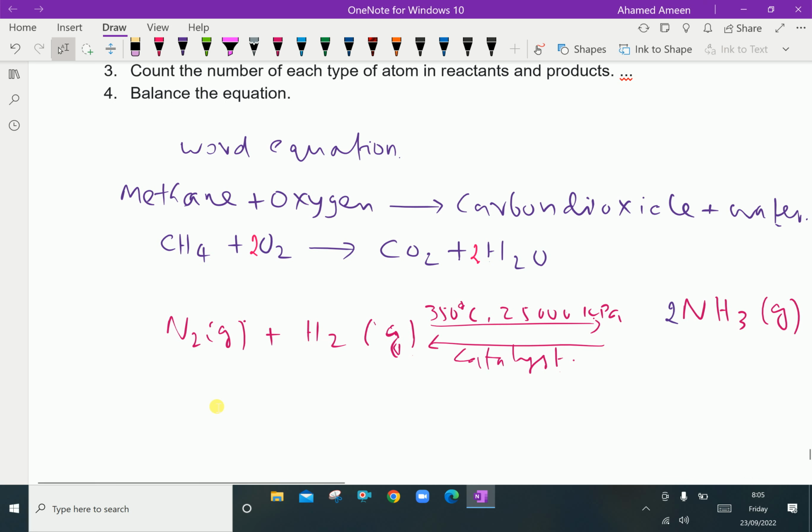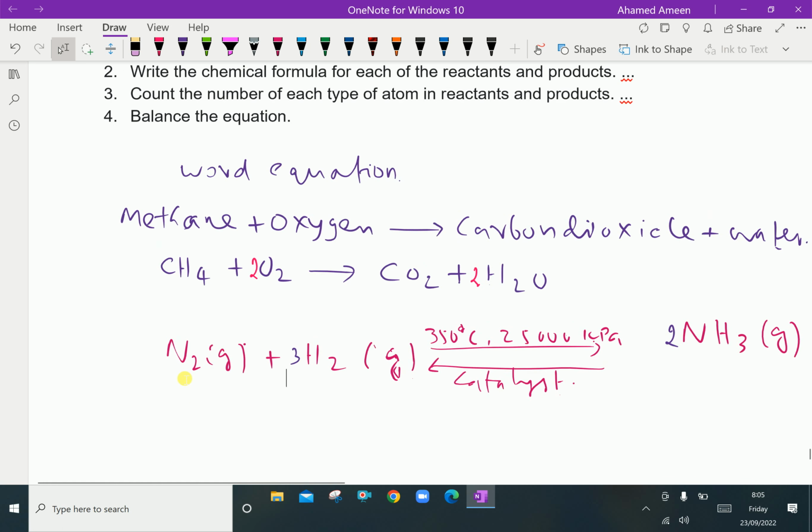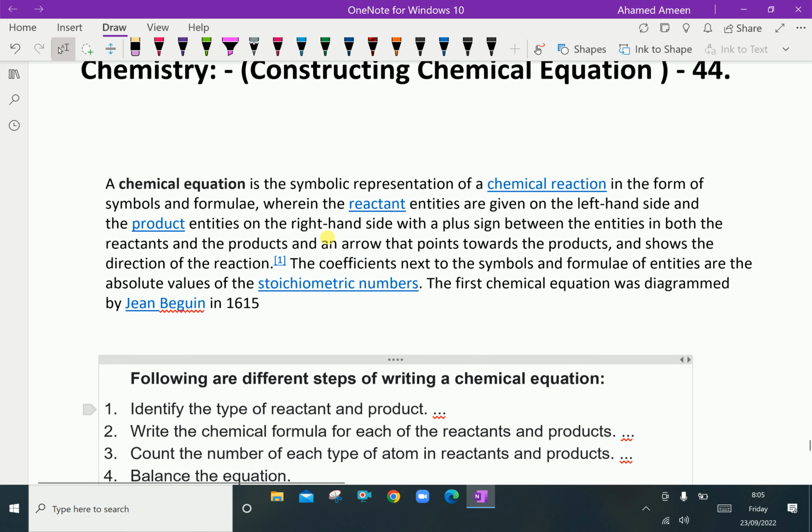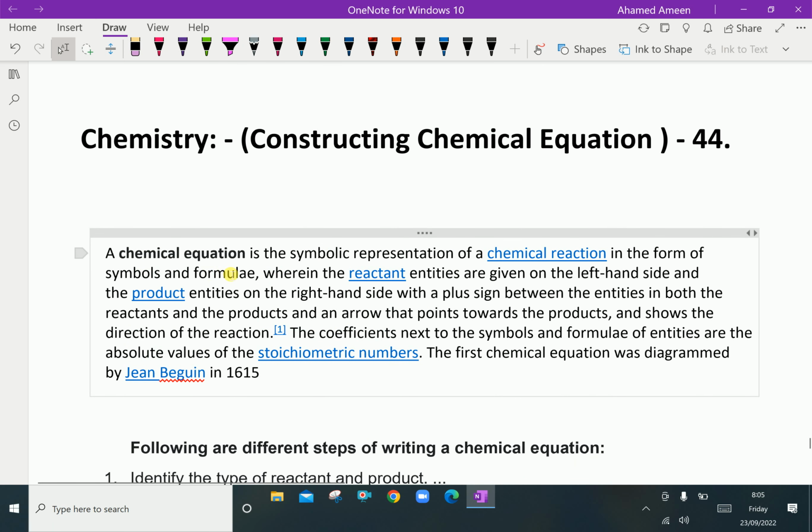That means 2 nitrogen, and 2 into 3, because 2 is multiplied for both, gives 6 hydrogen. Nitrogen is 2, and hydrogen on the left side is 2, so I have to make it 3. So now it is balanced.